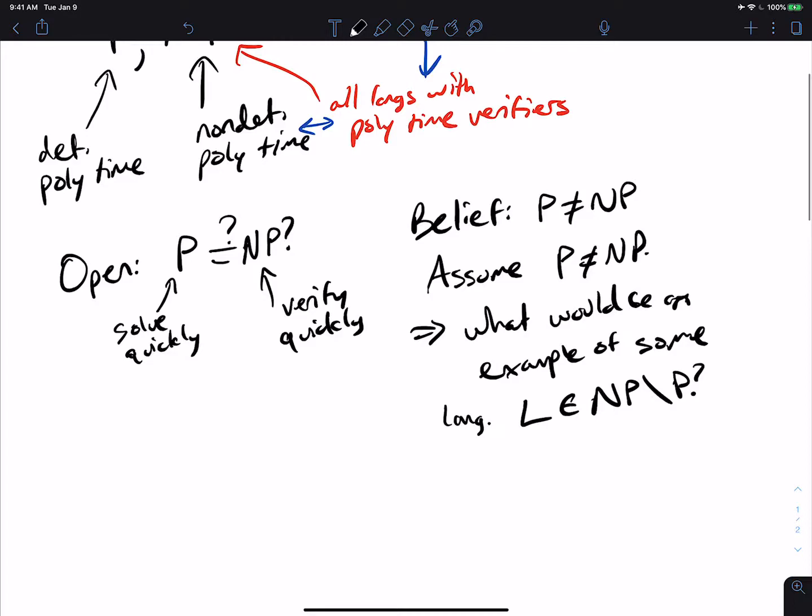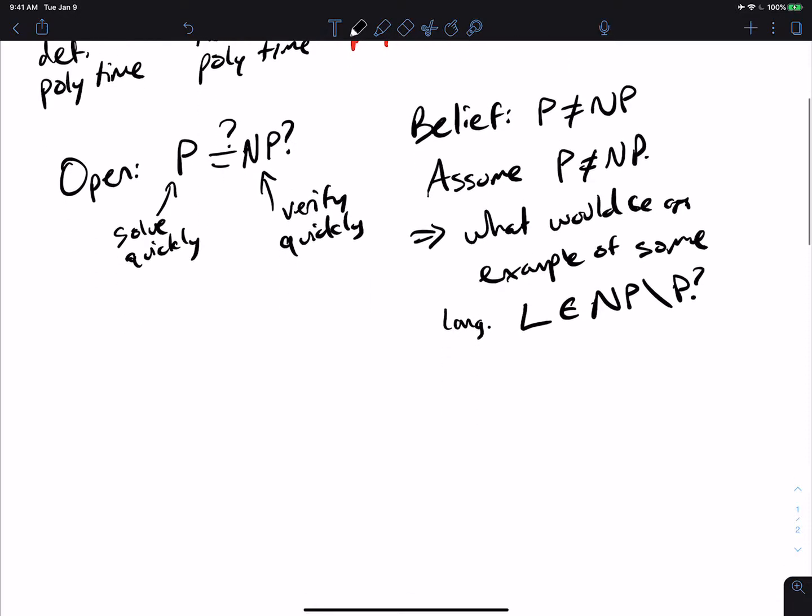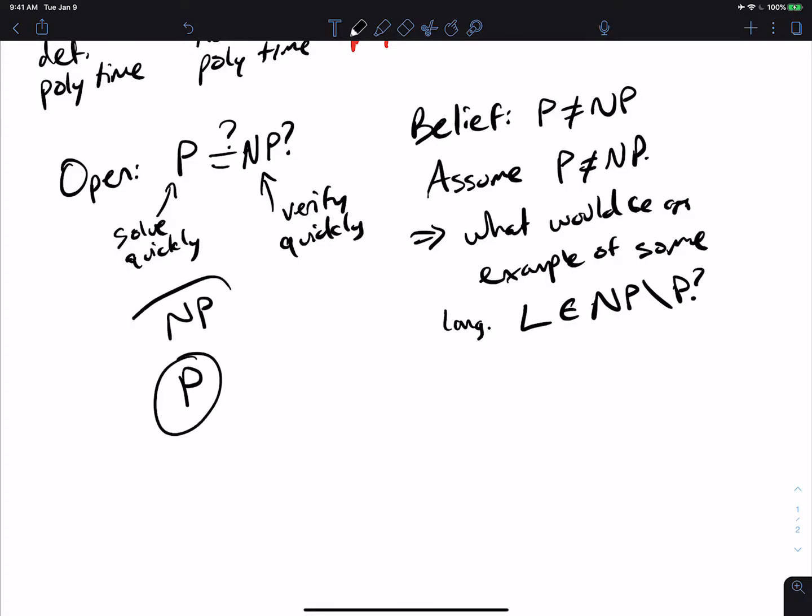What would be an example of some language that has this property, assuming that they are different? If they're different, there must be one. Then if we have that belief, we have this picture of what these two classes look like. What we're asking is, what would an example problem even look like at this place right here?